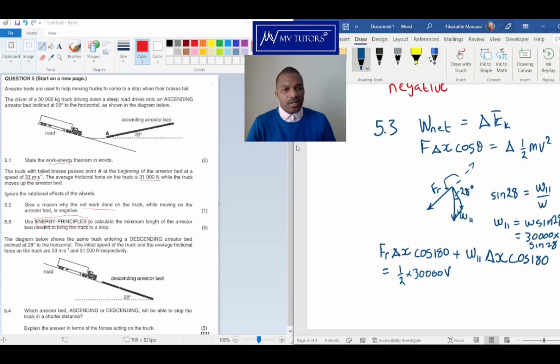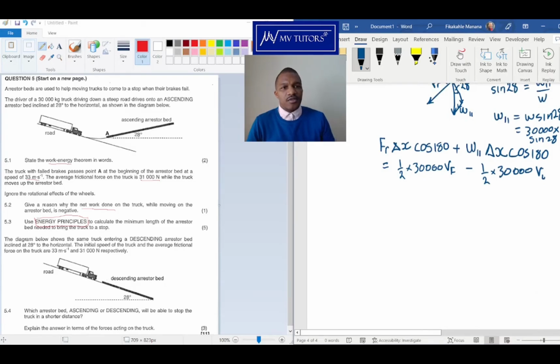I'll just call it VF because it's the change, minus half times 30,000, which is the mass, times VI squared. Okay, and now let's give ourselves more space.